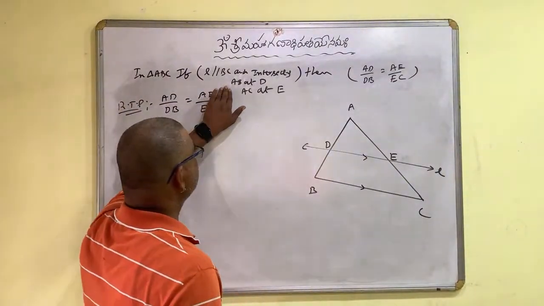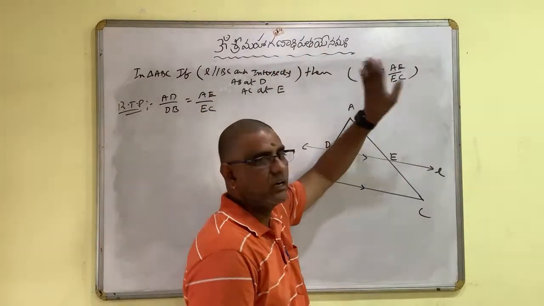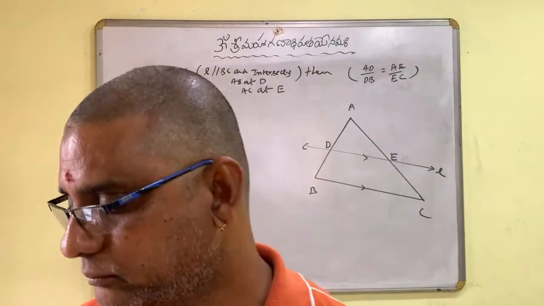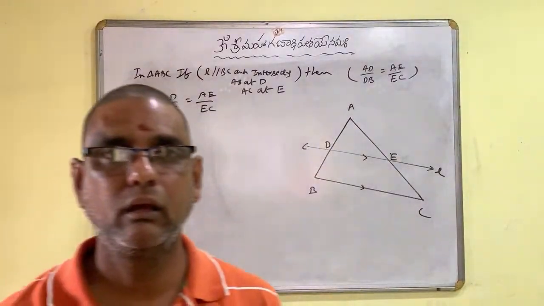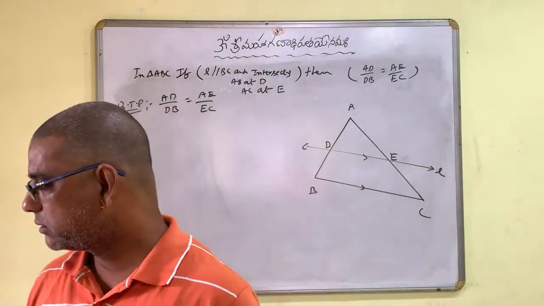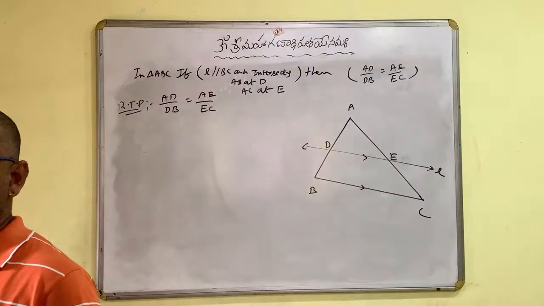If this condition is satisfied, we will get this result. This is what you have to understand. That is the statement. Is that understood, children? If you say yes, then I will go forward.